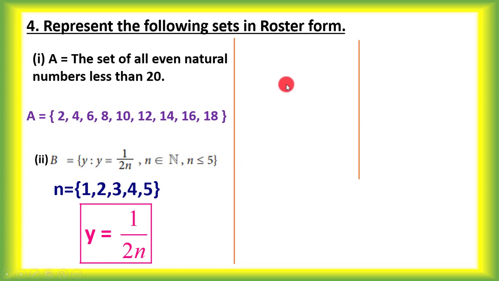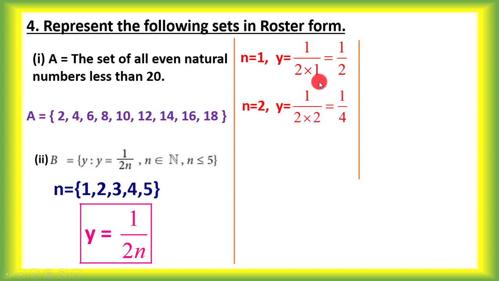First, if n is equal to 1, then y is equal to 1 by 2 into 1. In the place of n, substitute 1. So the value is 1 by 2. If n is equal to 2, y is equal to 1 by 2 into 2, equal to 1 by 4. If n equals 3, then y is equal to 1 by 2 into 3, so 1 by 6.